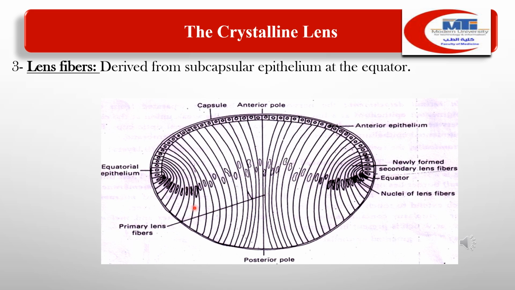As they grow, they are pushed to the center, and lose their nuclei and organelles and become filled with crystalline protein. The lens fibers are interlocked to keep them tightly attached during accommodation.